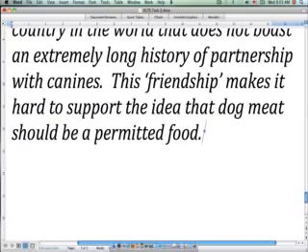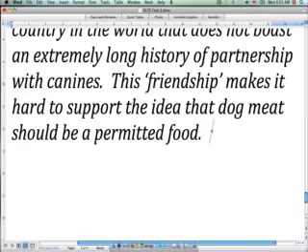And then we mentioned how the friendship that many people feel towards dogs, and that this is sort of universal around the world, makes it hard for us to believe in the idea that dogs should be a consumable product.